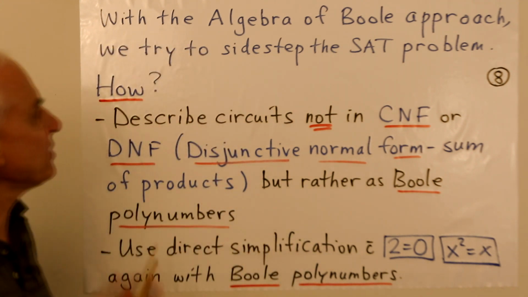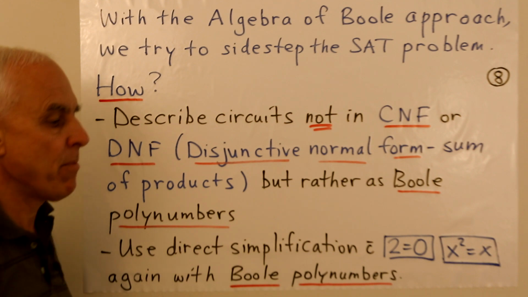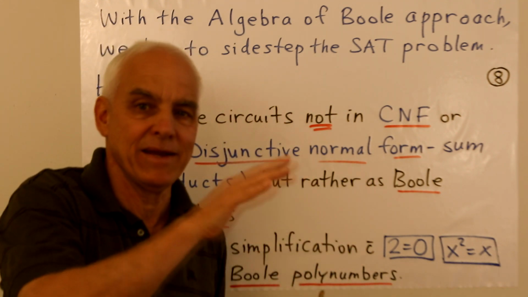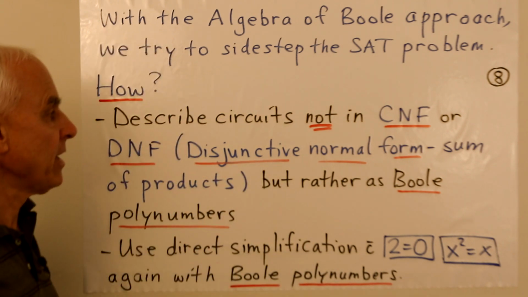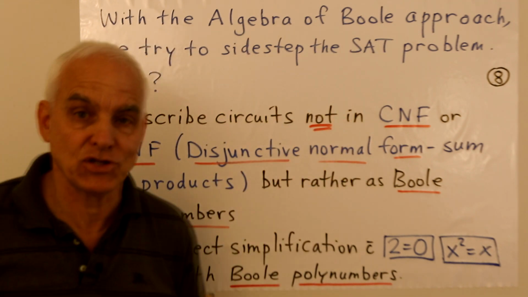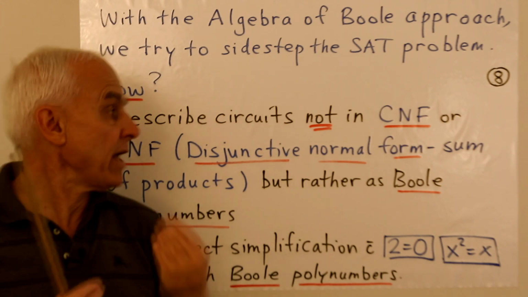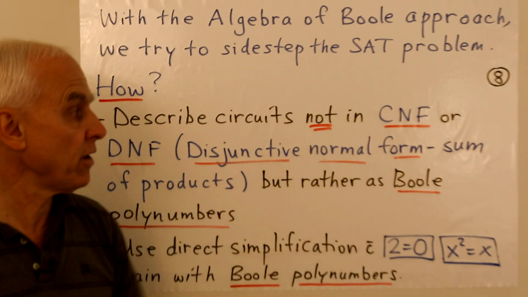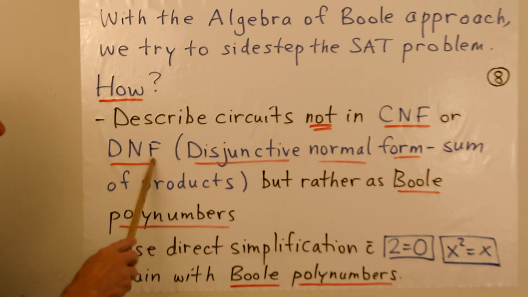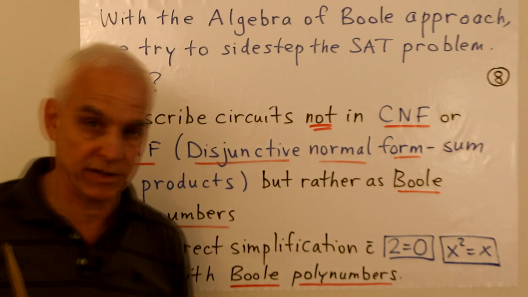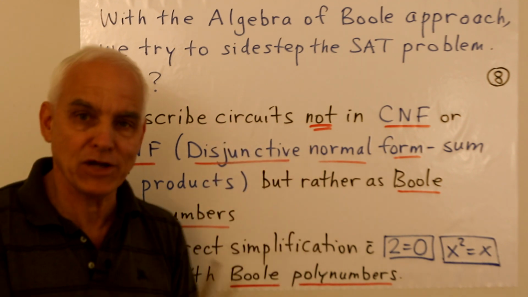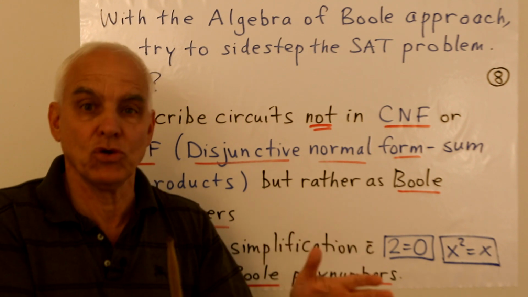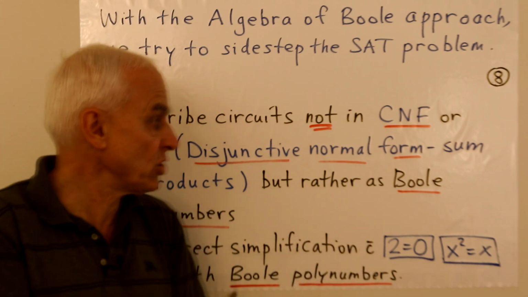So we want to sidestep the SAT problem by not even approaching a Boolean algebra expression. If we have a big logic gate circuit, we want to express that not in terms of conjunctive normal form, or the alternative, a disjunctive normal form, which is a sum of products. It's a kind of dual formulation. Those are the two kinds of approaches that you standardly do in a Boolean algebra situation.